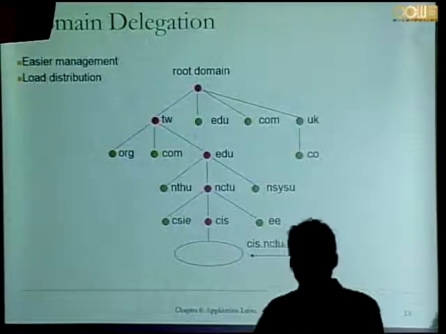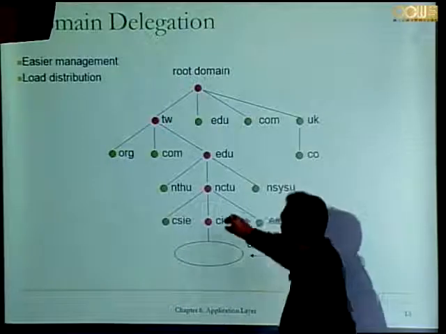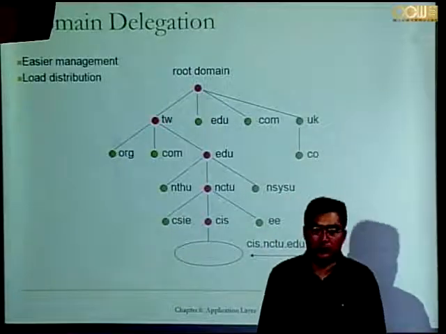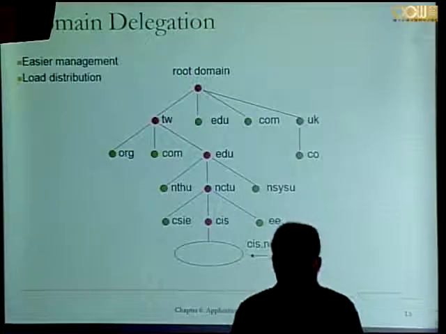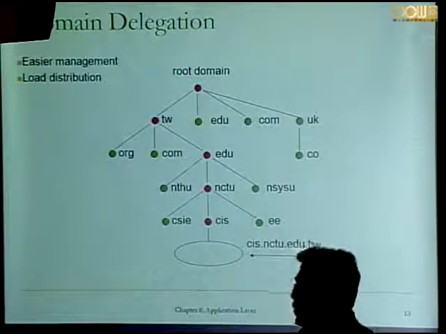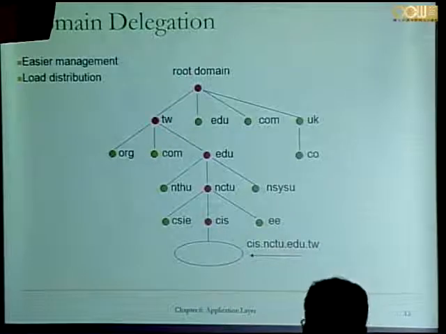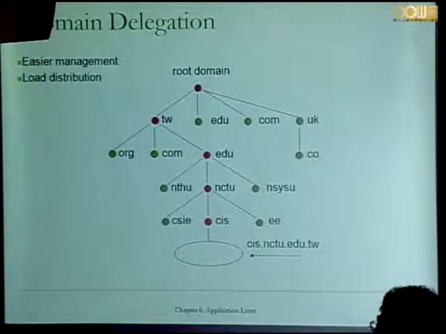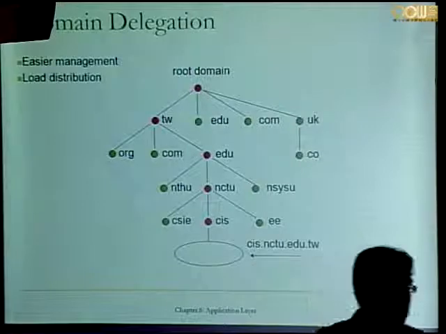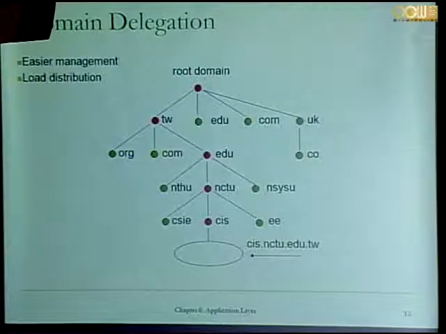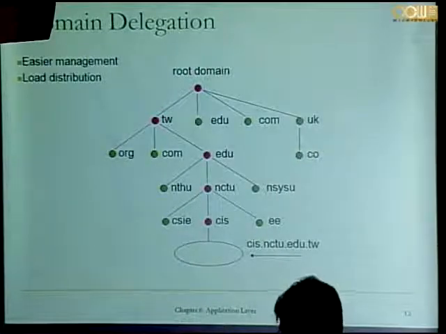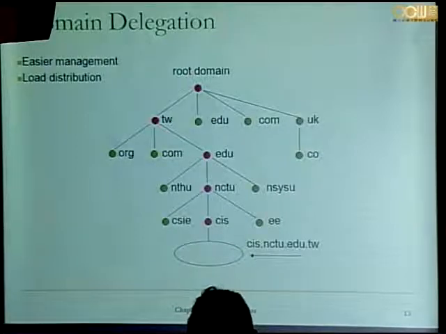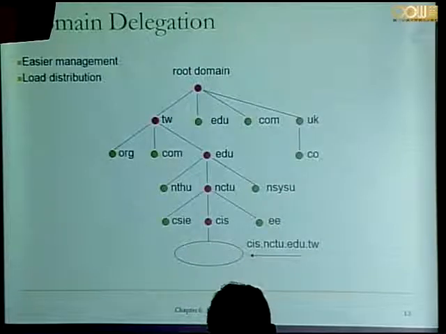Each node in the domain name tree could be handled by one organization, and each organization can have its own name server. At the top you will see the root name servers, and there are 13 root name servers distributed worldwide.